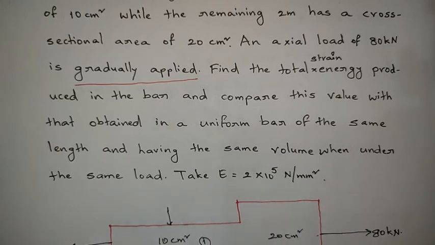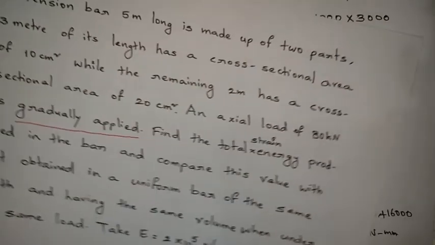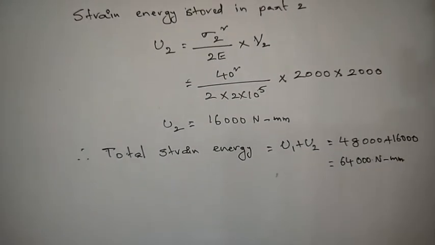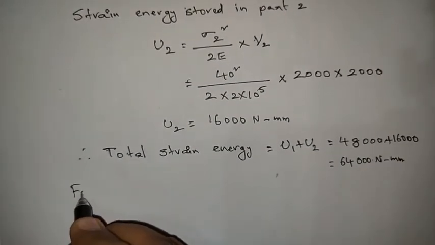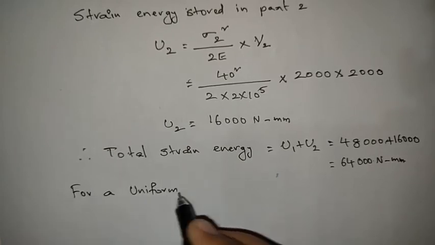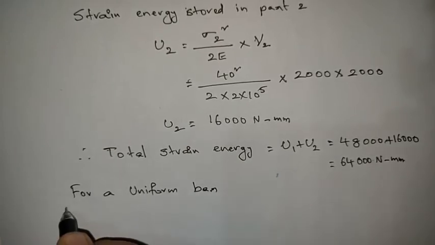So if you take a uniform bar of the same volume and the same length, what is the strain energy stored, and compare those values with the first one he is asking. So now let us take the total volume first of all. So for a uniform bar, first calculate the total volume.